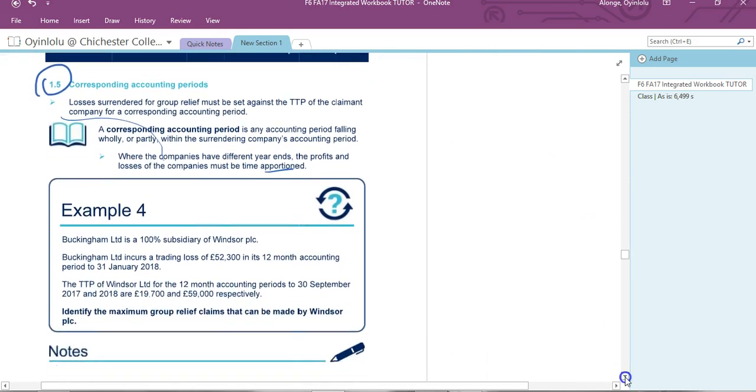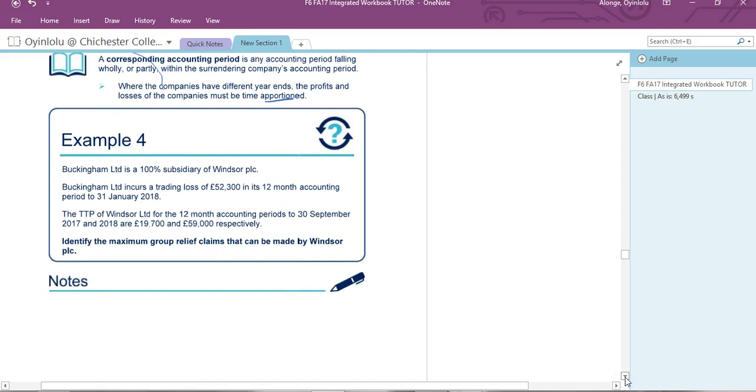Let's just go here. What we have here is that Buckingham incurs a trading loss of 52,300 in its period 1st of February 2017 to the 31st of January 2018.